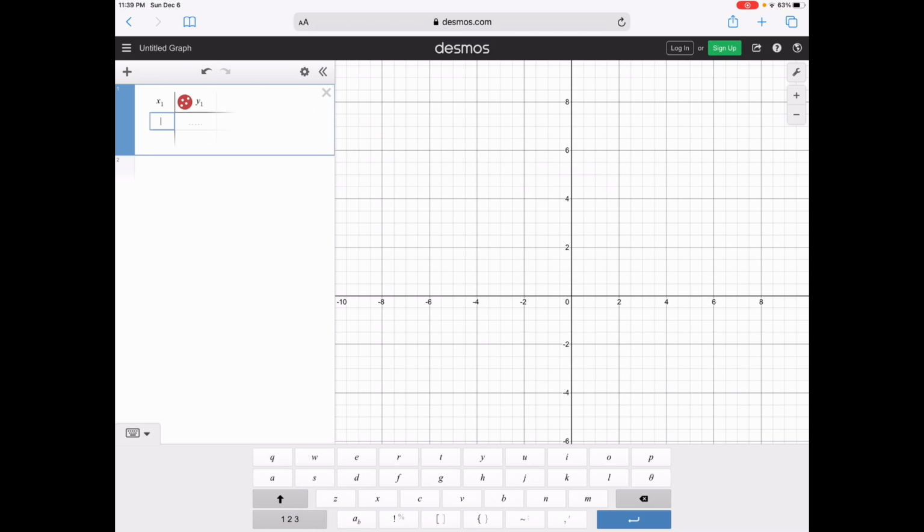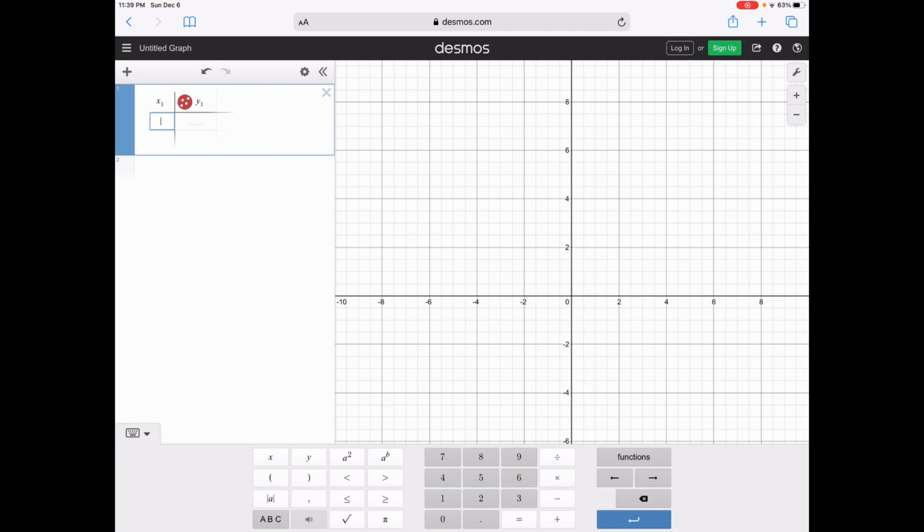I'm going to input my x values first, in which case I have a 2, a 4, a 6, an 8, a 10, and a 12. Now I'm going to go to my y column, and type in my y values, making sure they align properly with the correct x value.